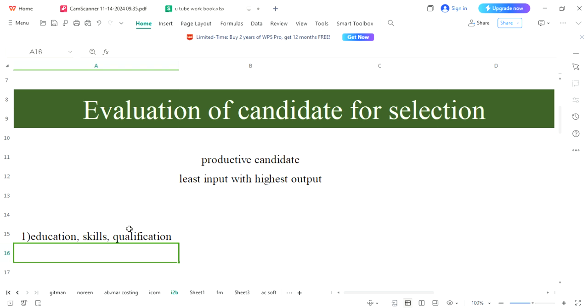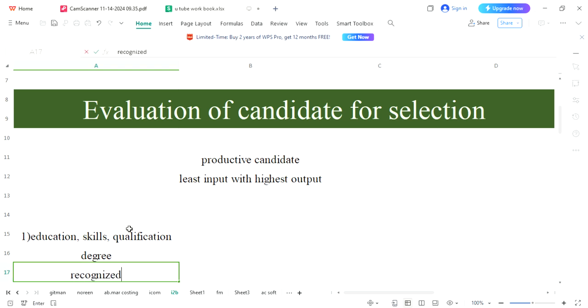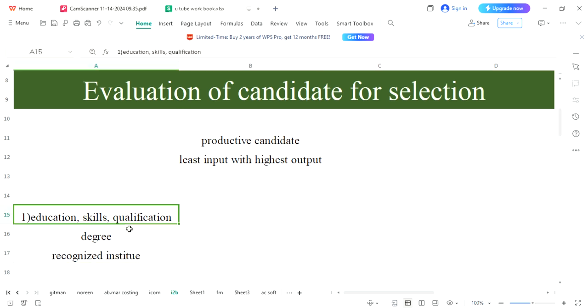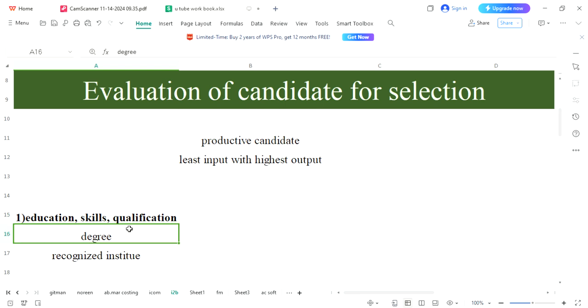If he has this degree from a recognized institute, this is our basic first criteria. We will see education, skill and qualification. Primarily we will see what degree he has and from where he has completed this degree.